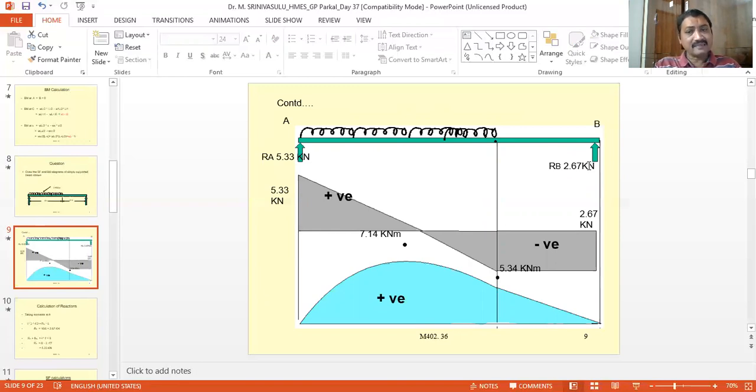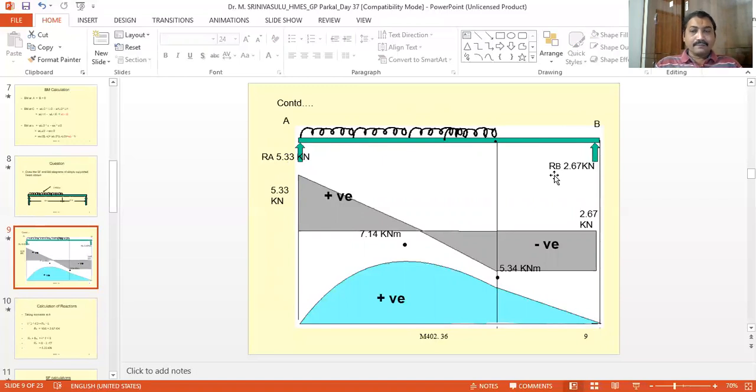But in this case, the UDL is acting only on a part of the length of the beam, more length towards point A and less length towards point B. Therefore, RA is more than RB. So RA is equal to 5.33 kN and RB is equal to 2.67 kN, and RA plus RB is nothing but the total load, equal to 8 kN.